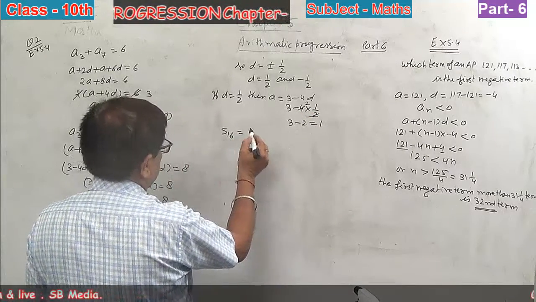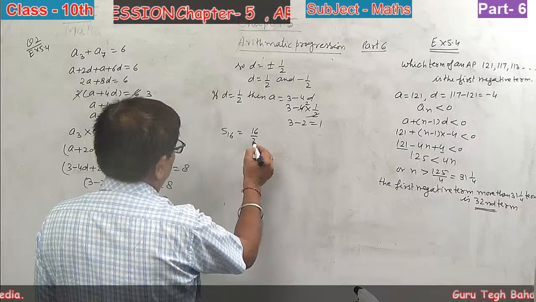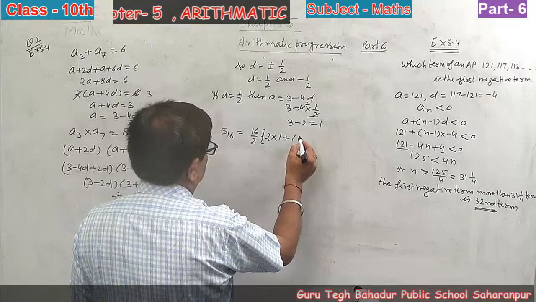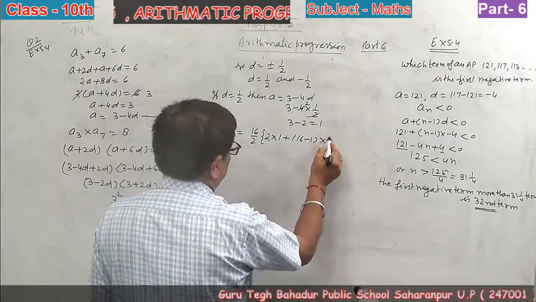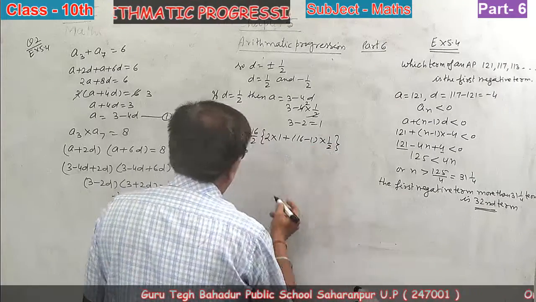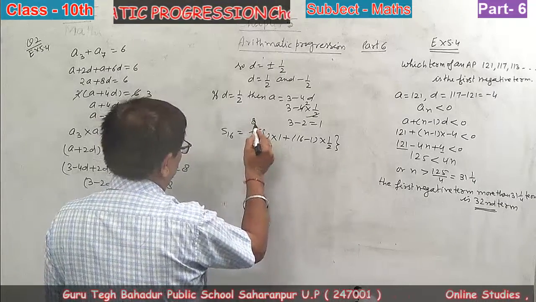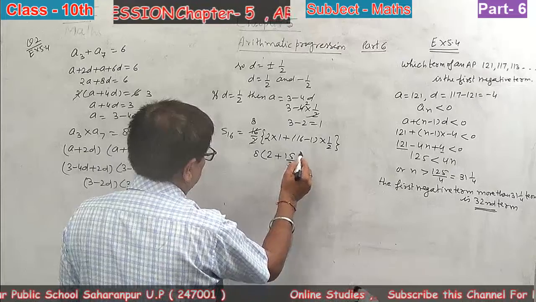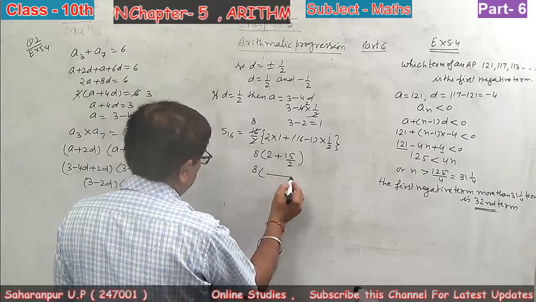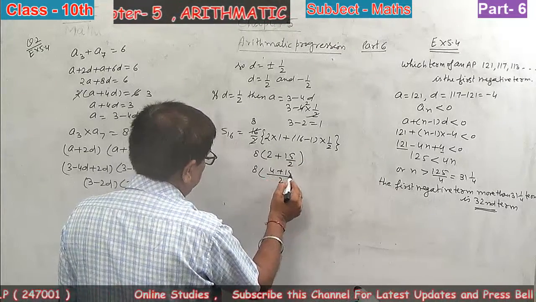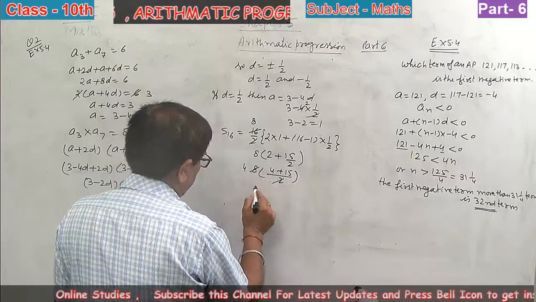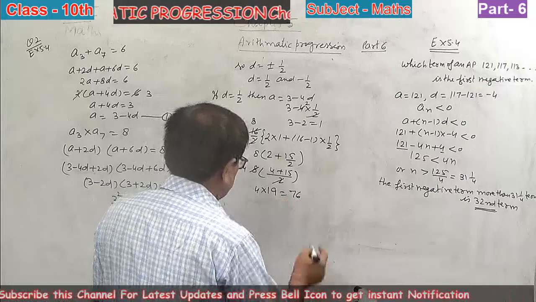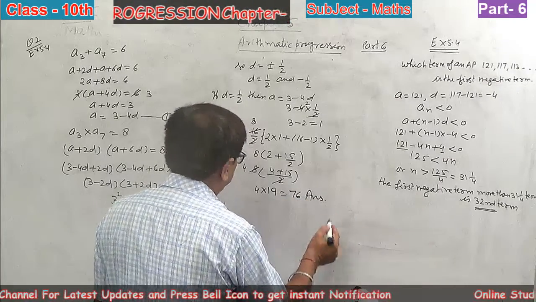S16 is 16 upon 2 into (2 into A plus 16 minus 1 into 1 upon 2), 8 into (2 plus 15 upon 2), 8 into (4 plus 15) upon 2, 4 into 19 that is 76. First answer will be this.